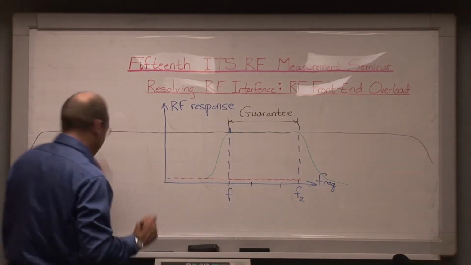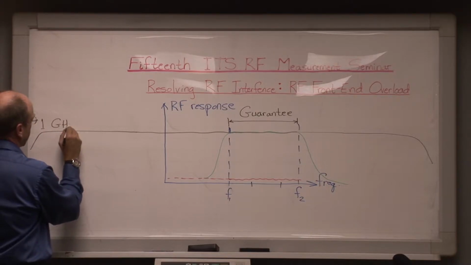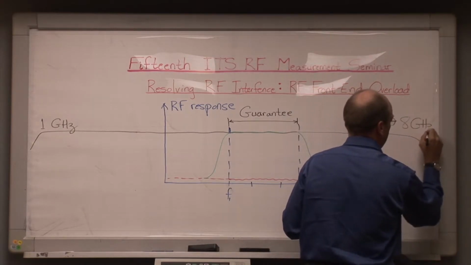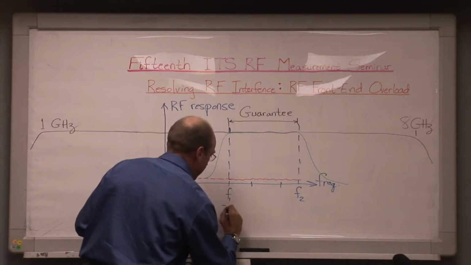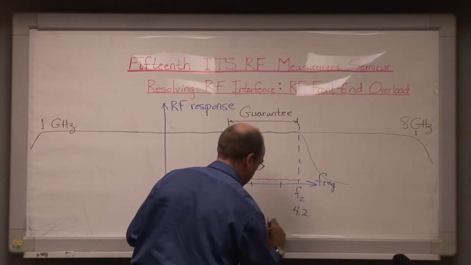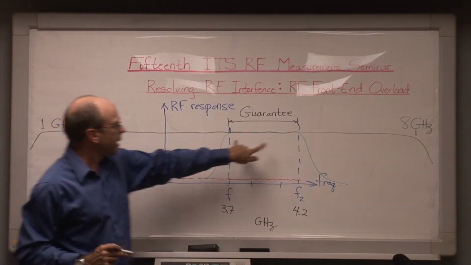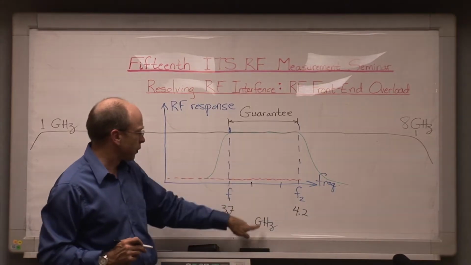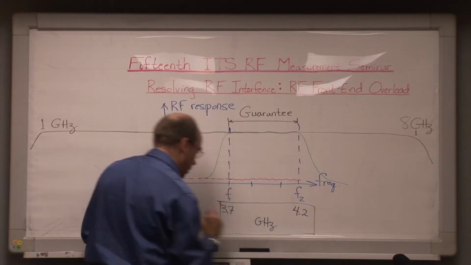So, for example, they could build an amplifier that operates all the way from 1 gigahertz at the low end to, we'll say, 8 at the high end, and that when you ordered one that was supposed to operate from 3.7 to 4.2, they basically took one of these 1 to 8 amplifiers off the shelf, checked it to make sure that it had the right gain response and noise figure across that particular frequency range, and that's the label that they put on the package.